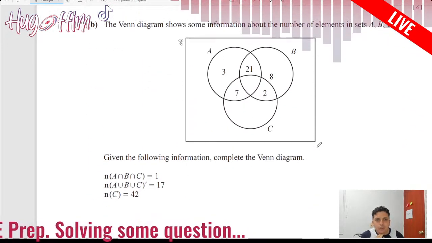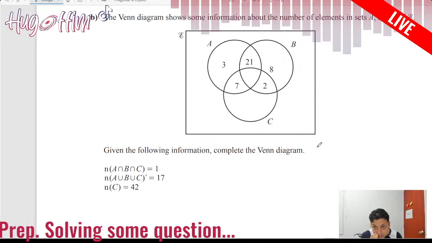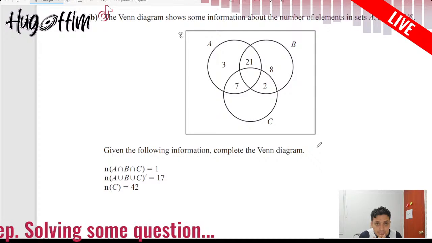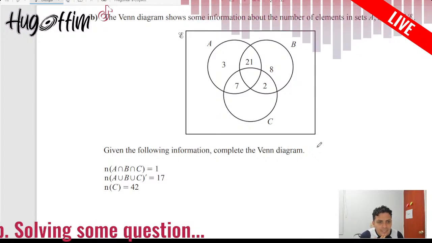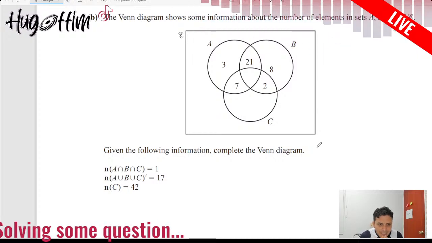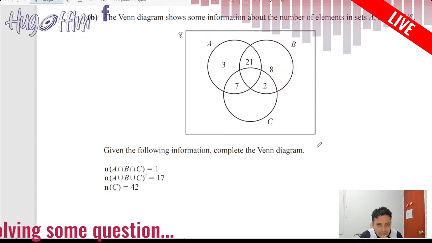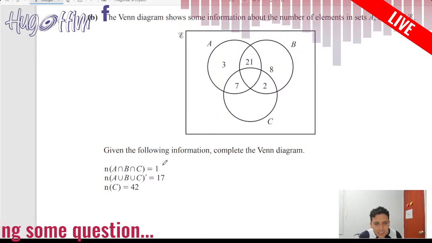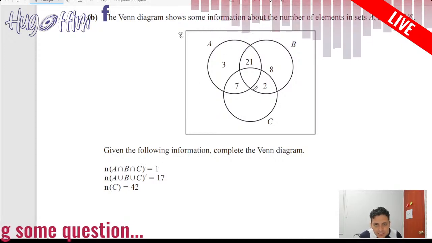The Venn diagram shows some information about the number of elements in sets A, B, C and the universal set. Given the following information, complete the Venn diagram. It says the number of elements of A intersection B intersection C is 1. So A intersection B intersection C is this, is 1.